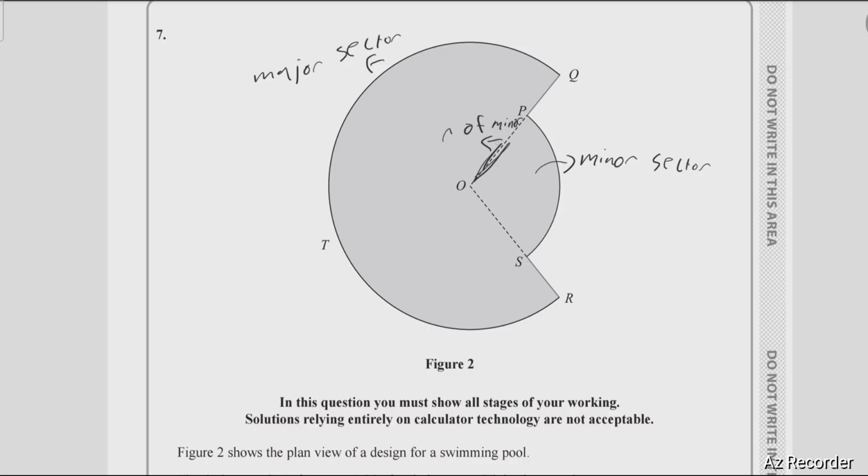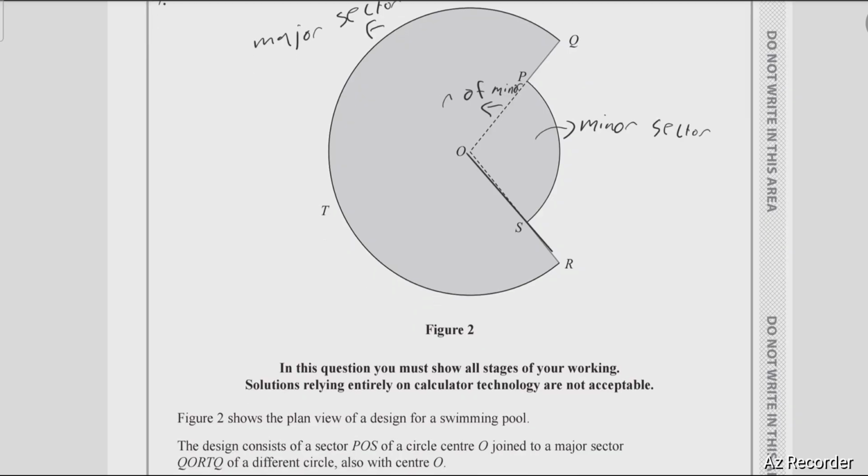That dotted line and the whole line, that's the radius of the major sector.